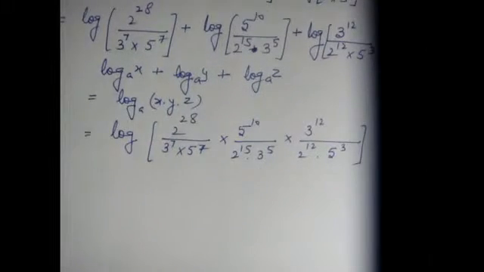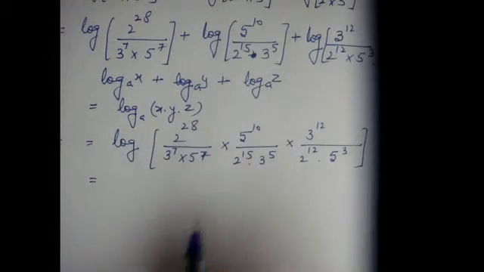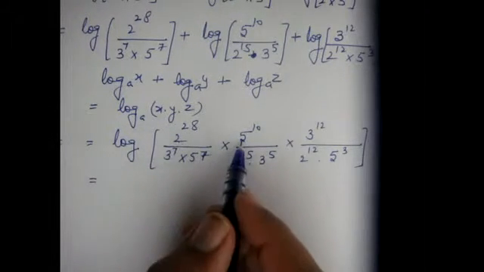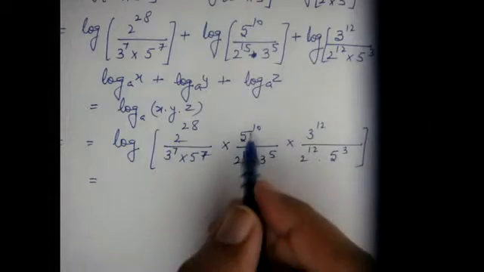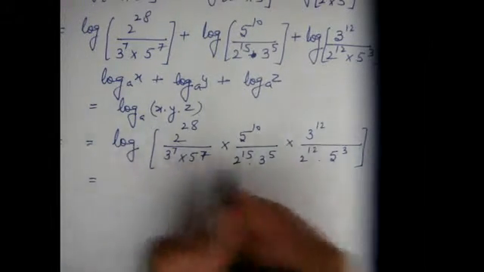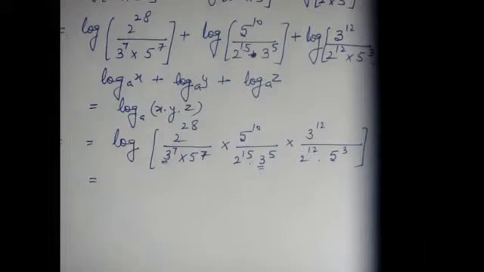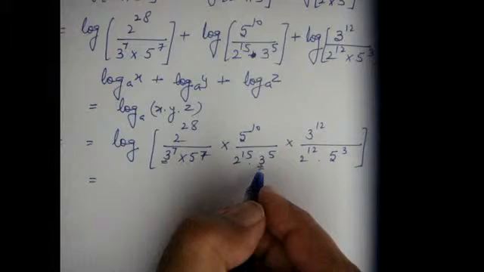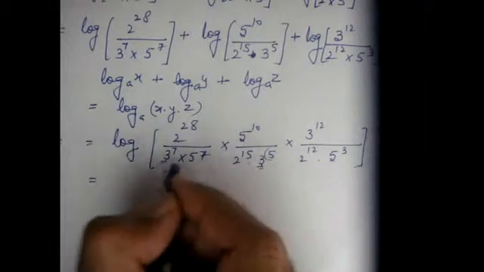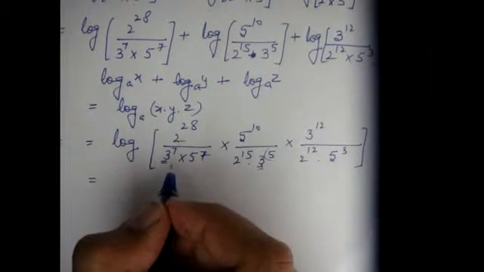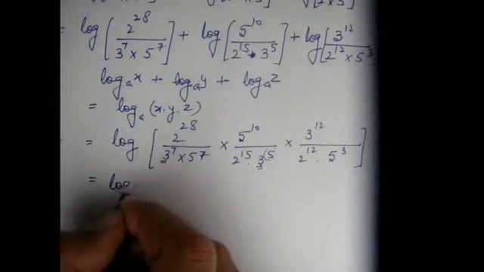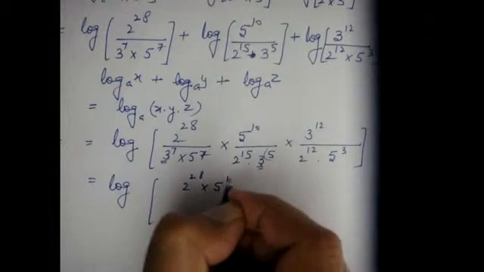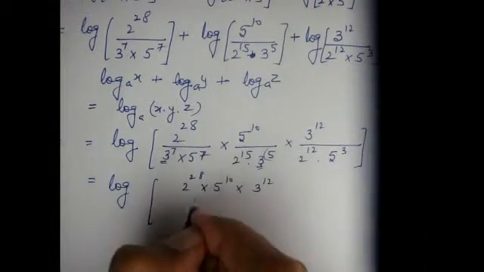So here it is. Now we need to simplify the powers of primes. In the numerator there is one 2, one 5, and one 3 with their respective powers, but the denominator has 3 here 2 times. We know that these are all in multiplication, and when bases are the same, then in multiplication their powers get added. So 3 will have the power 12. Let me write it: 2 to the power 28 times 5 to the power 10 times 3 to the power 12.